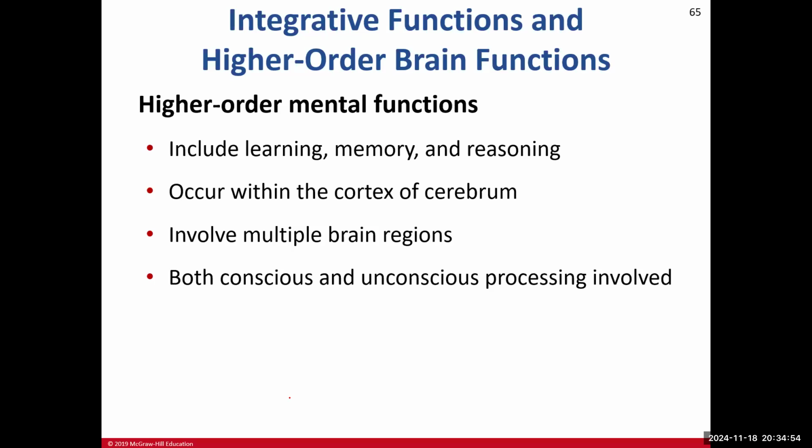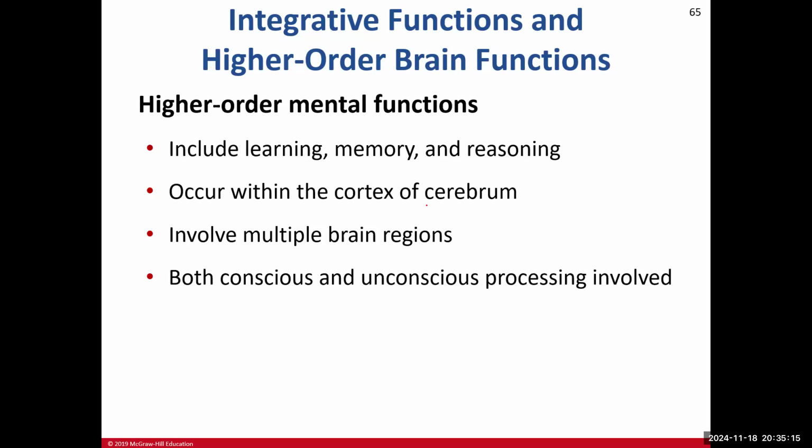All right, I want to circle back now. We talked about the cerebellum initially in this class, and we talked about the higher order brain functions, and I want to talk about what some of those are. So for example, we have our higher order brain functions here: learning, memory, and reasoning. All of these are going to occur in the cerebrum.